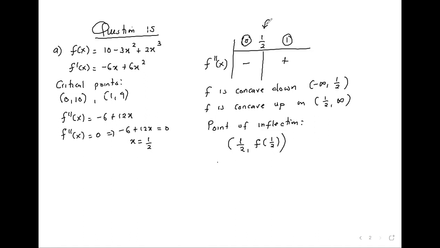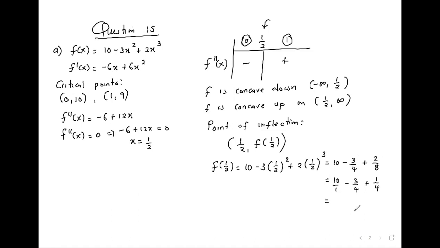So now let's find f of half. We substitute into the original function: 10 minus 3 times half squared plus 2 times half to the power 3, which is 10 minus 3 over 4 plus 2 over 8, which you can write as 10 over 1 minus 3 over 4 plus 1 over 4.